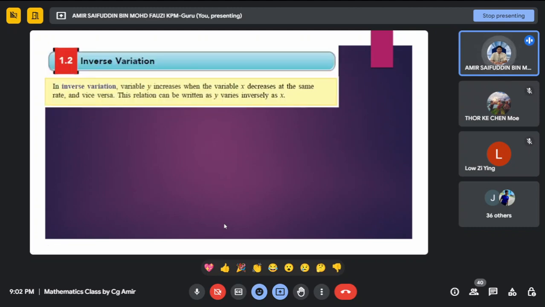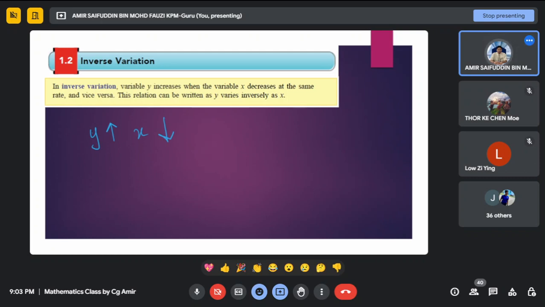So this one is the new one, inverse variation. An inverse variation and a direct variation are a bit different. The concept is the same, but the symbol is a bit different. Then we go one by one. What is inverse variation? For inverse variation, variable y increases when variable x decreases.